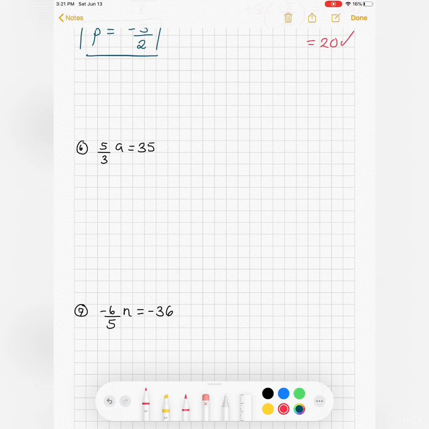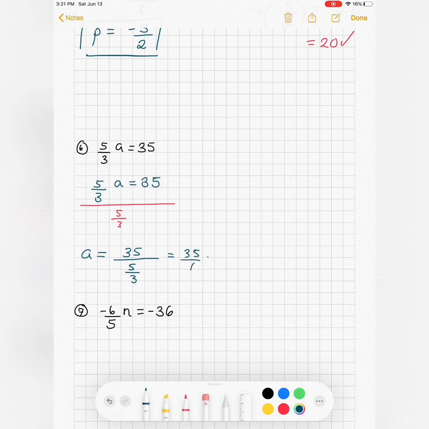5/3 times A equals 35. So this one I could think of a couple options. I could divide both sides by 5/3, and I'd have A. And then I have to figure out what is 35 divided by 5/3.